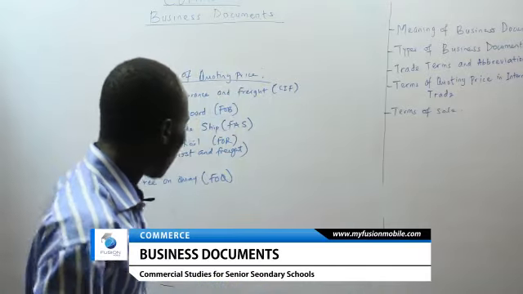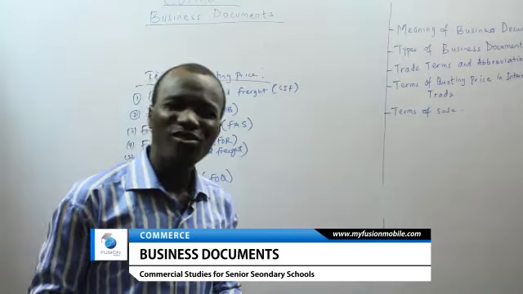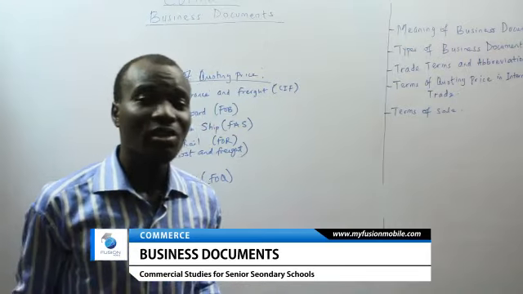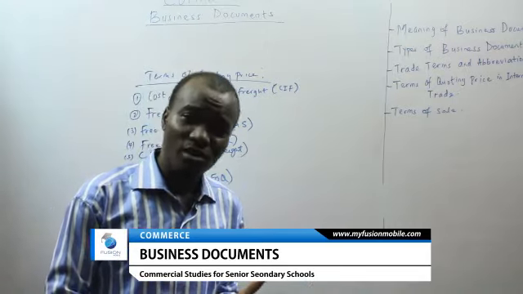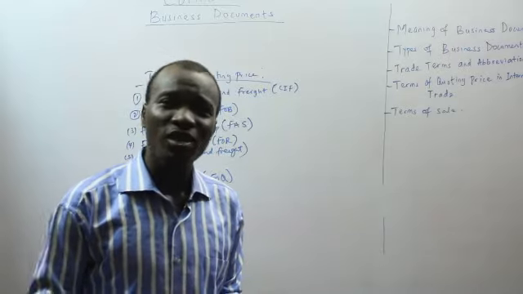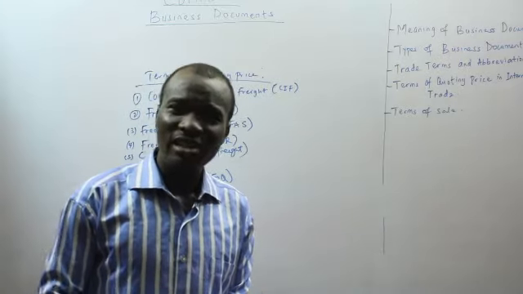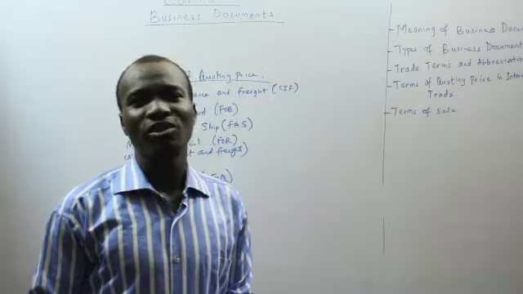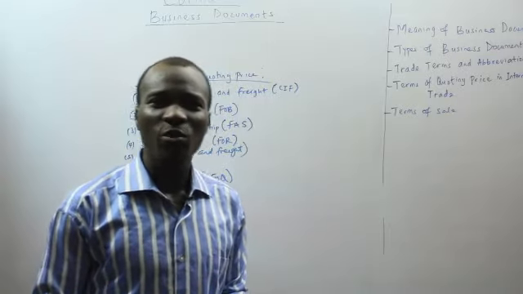That is what we refer to as free at warehouse. The price quoted would have included the cost of the goods, the cost of freight, the cost of delivery, and the cost of insurance.